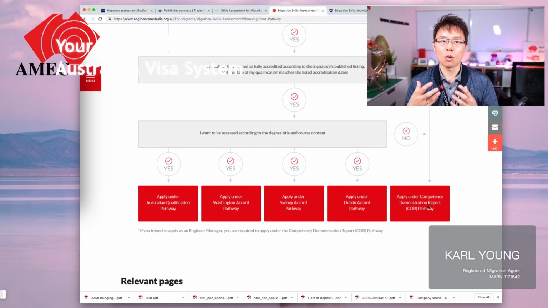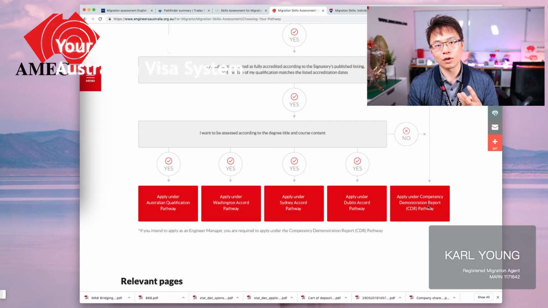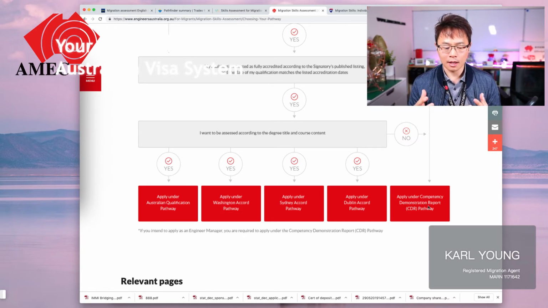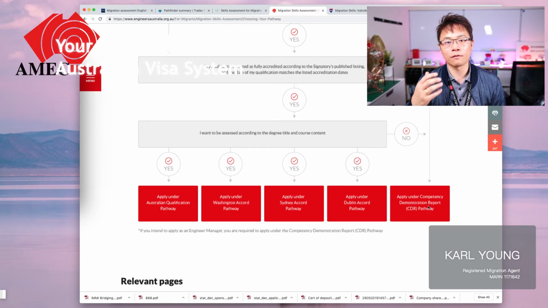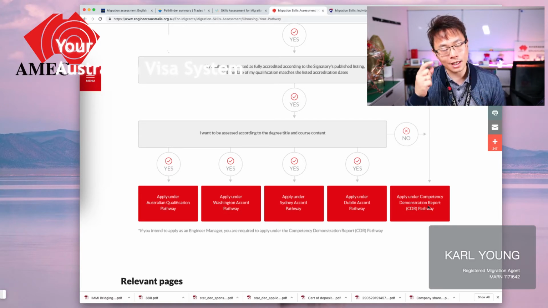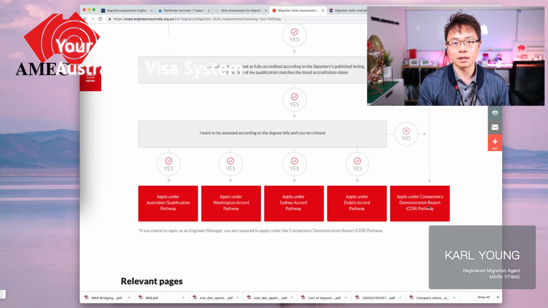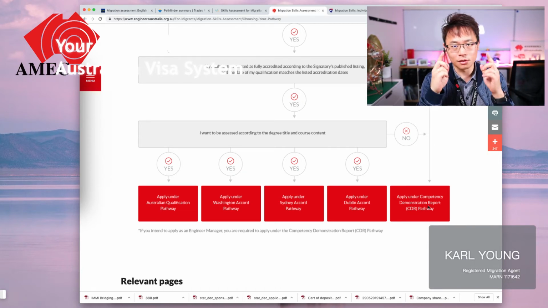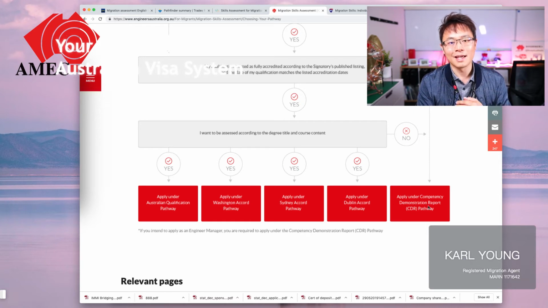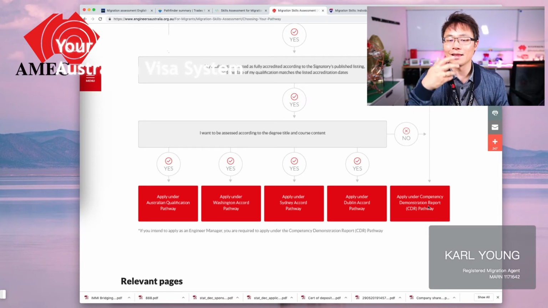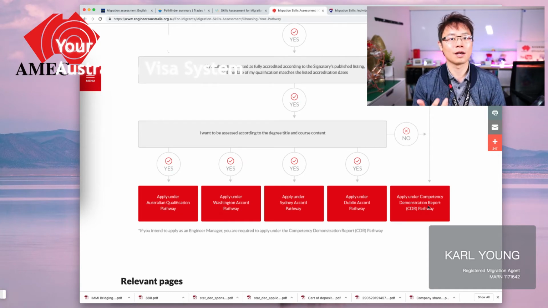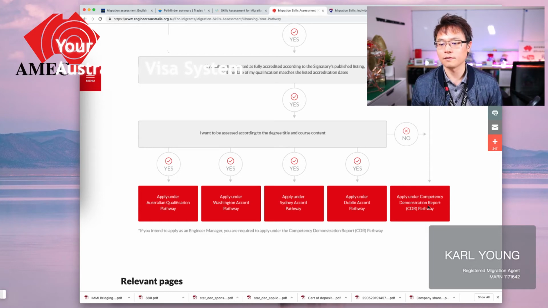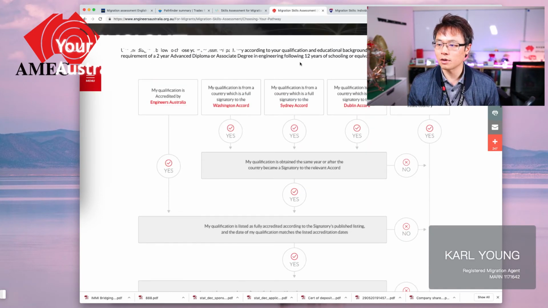That basically requires the applicant to submit 3 CDRs, which are like assessments, case studies from your previous study or from your actual work experiences, obviously in English, and these reports have to be written in about 2 to 5 pages to demonstrate your knowledge and experiences in a particular field of engineering. Then you submit it to Engineers Australia, and they will come back with feedback, either positive, where you get an assessment report, or negative. So that's how Engineers Australia works.